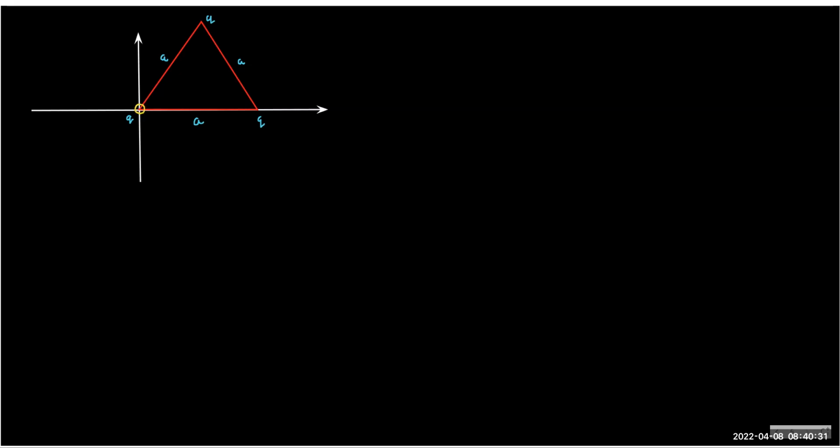So you will ask this yellow charge what the other charges are doing to it.